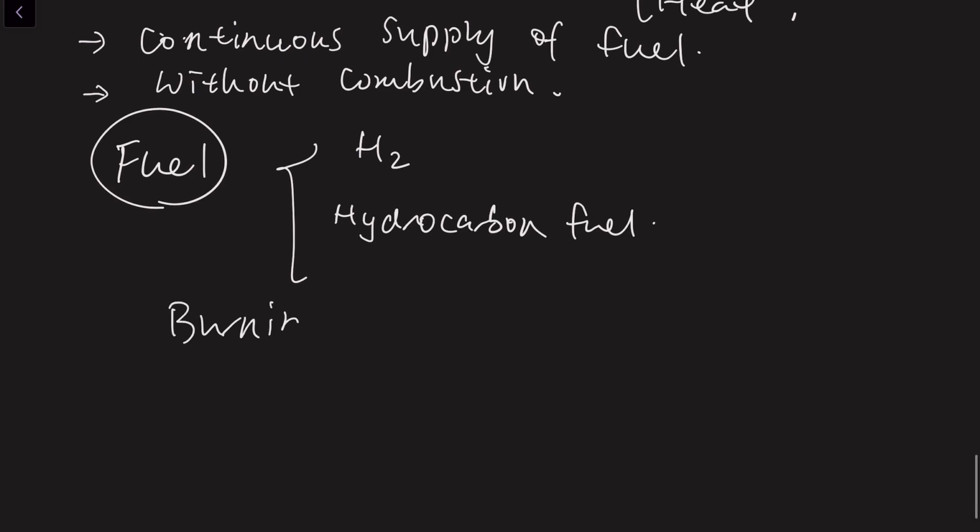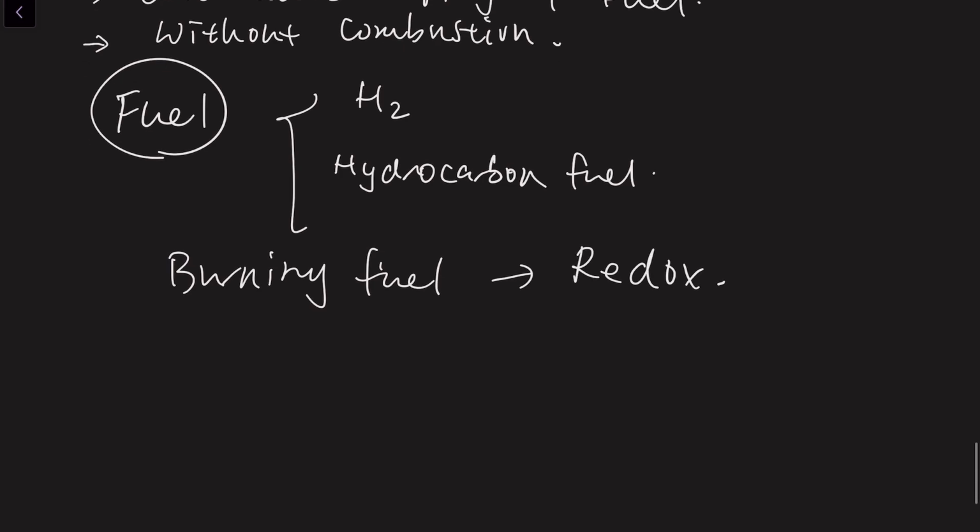So we know when you are burning fuel, you are doing a redox reaction. And in a fuel cell, you are also doing a redox reaction. So the underlying chemistry between burning a fuel and then using fuel cell to convert fuel into electric energy is exactly the same.